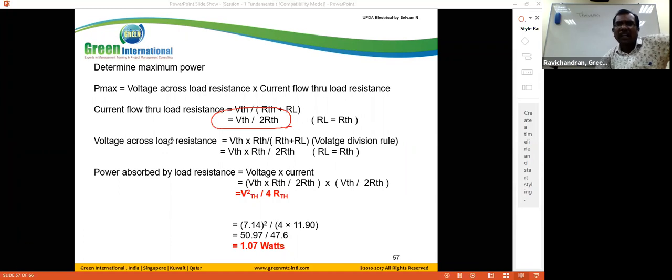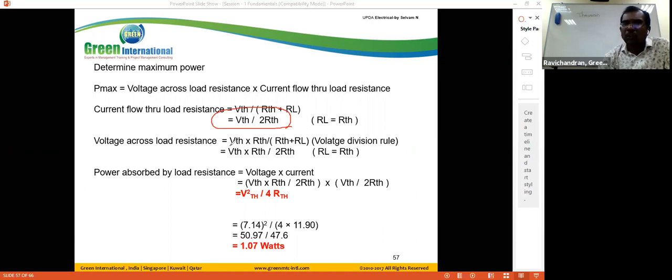Then we go to the voltage across the load resistance. Once again, imagine the Thevenin simplified circuit: one voltage source, two resistances. Our objective is to find the voltage across the load resistance.